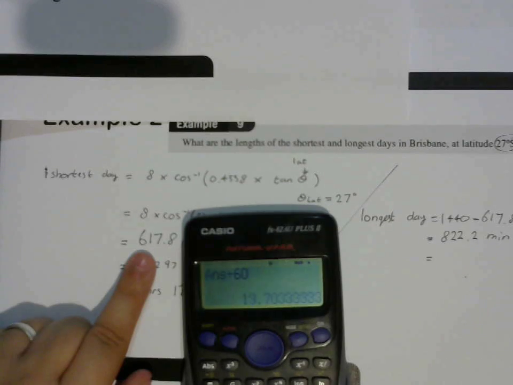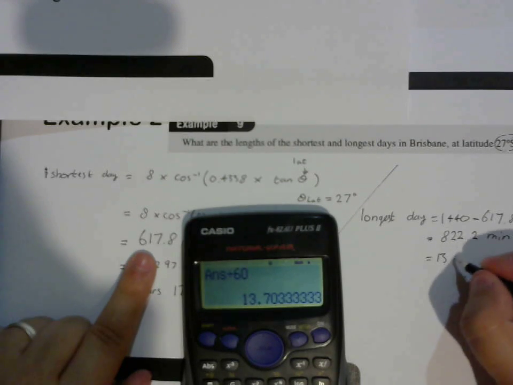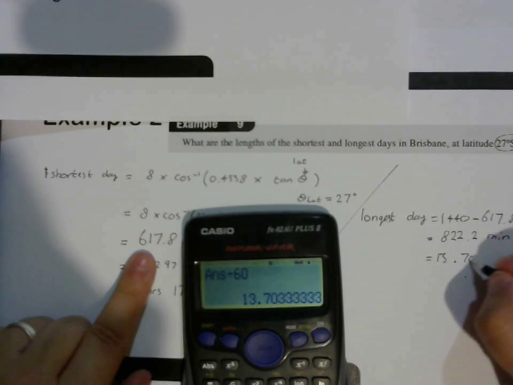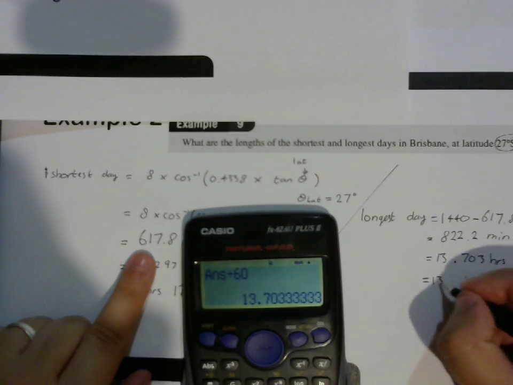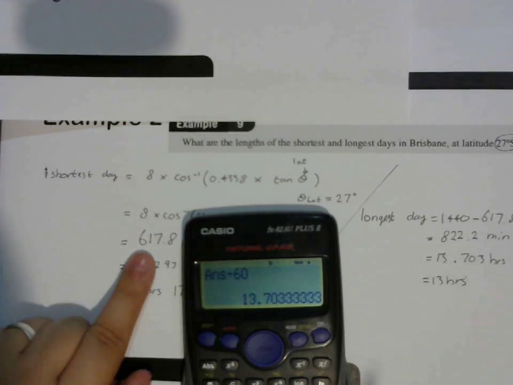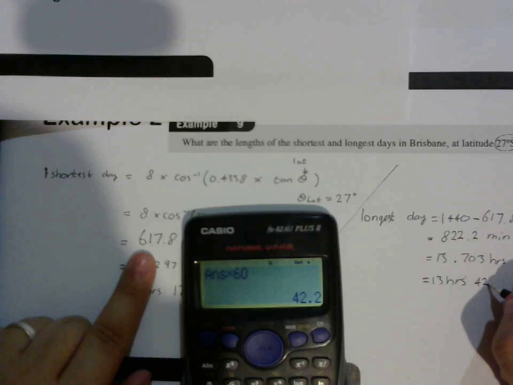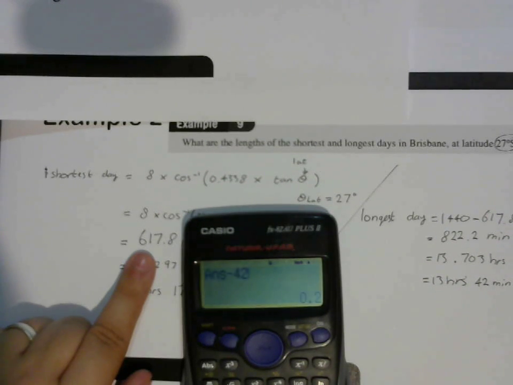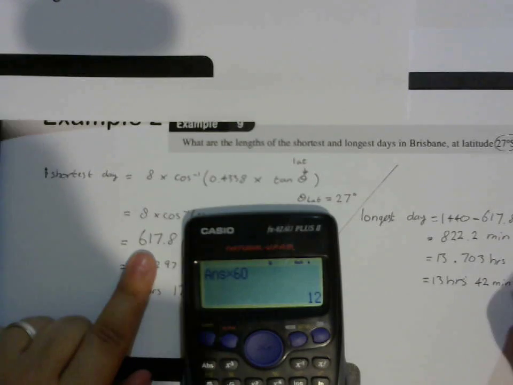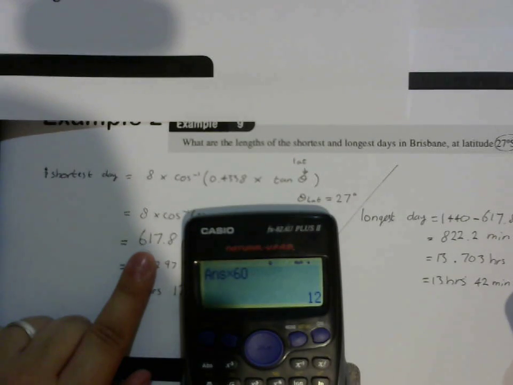Divide by 60 gives me 13.703 hours, which is 13 hours, 42 minutes and 12 seconds.